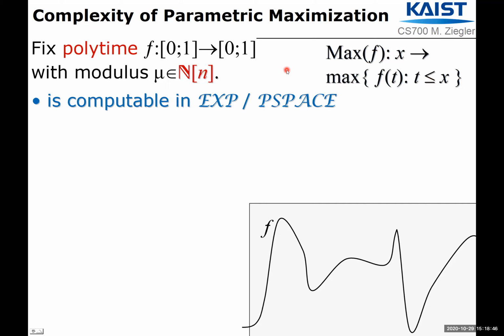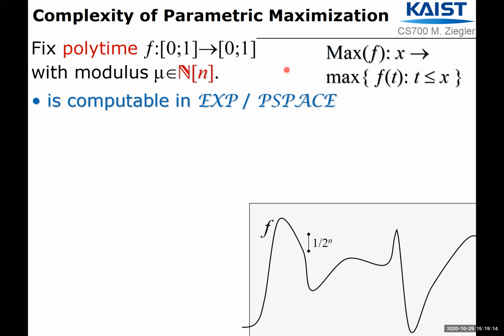Let me illustrate the algorithm, or more precisely the estimates that arise, on an example function. So consider this function as an example, and suppose we want to calculate the parametric maximum, or for convenience, the maximum of the function on the entire interval. We already know that the function has a polynomial modulus of continuity.